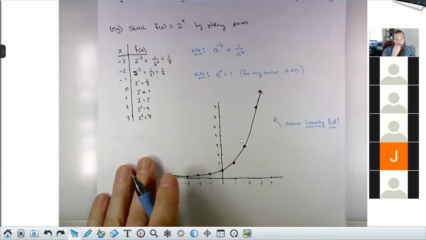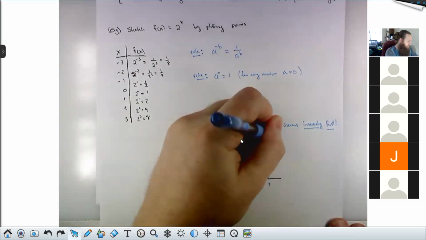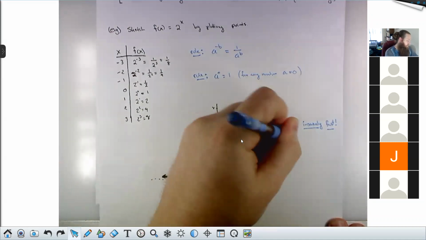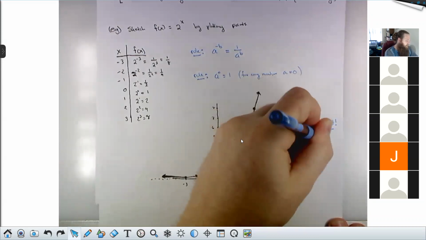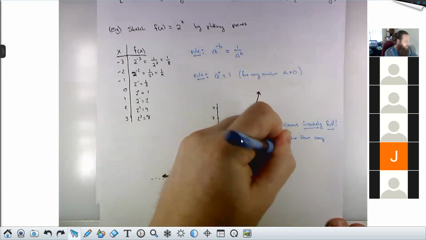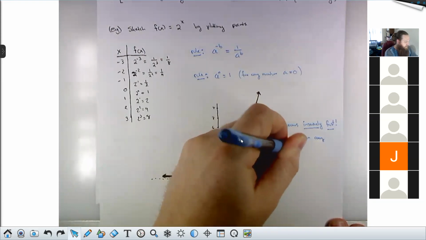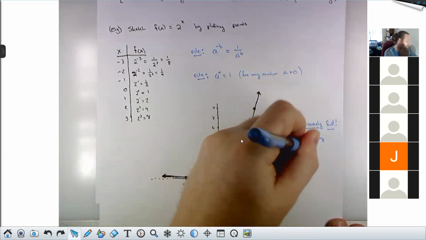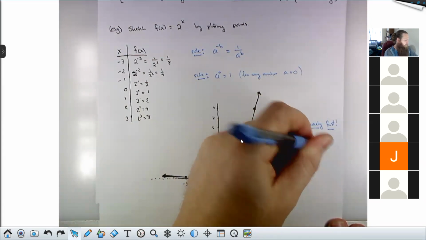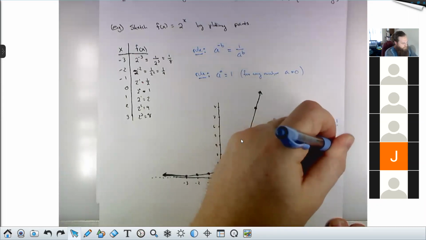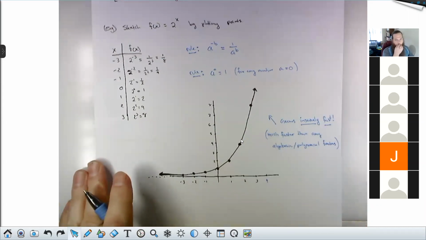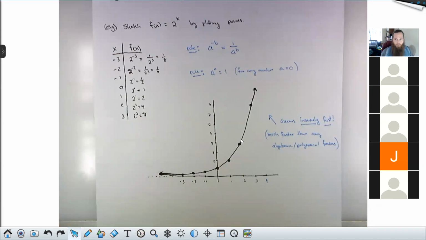So these grow much, much faster than any of what are called algebraic or polynomial functions. Much, much faster. It's a neat fact, and in Calc 1, you're going to learn about limits and rates of change in great detail.